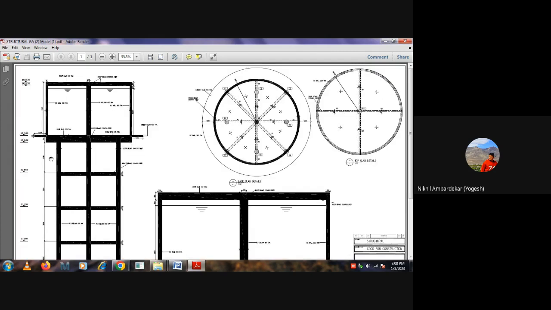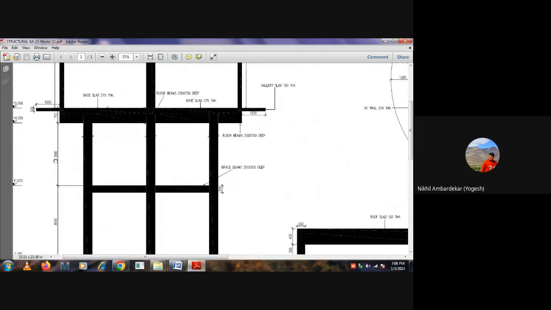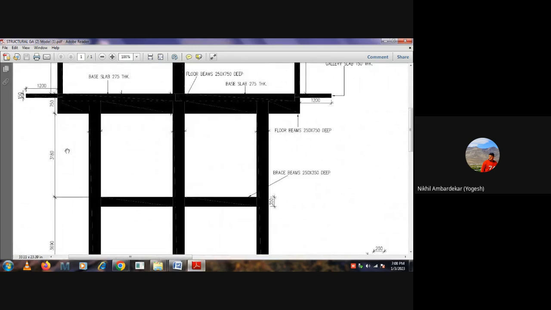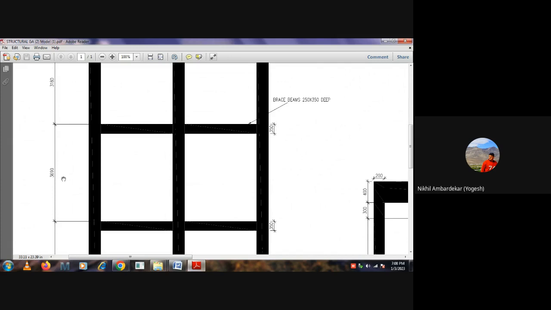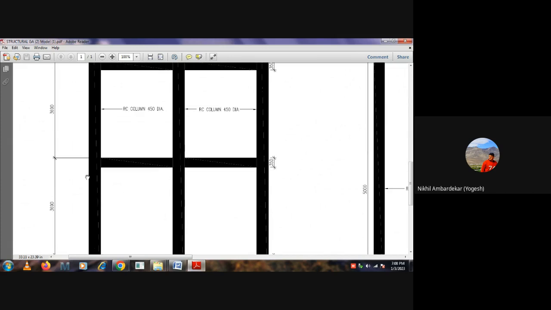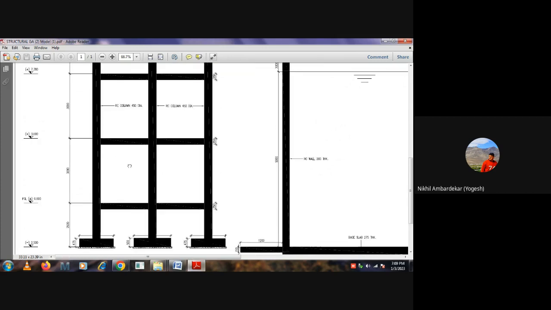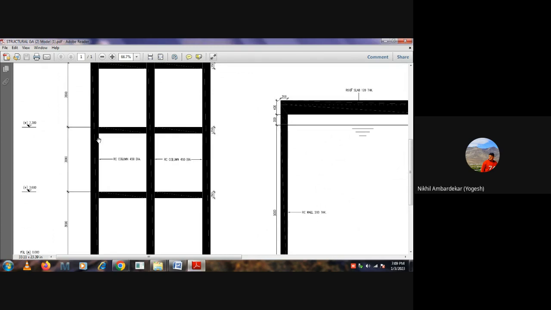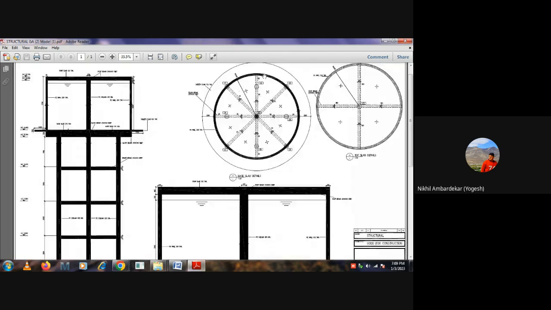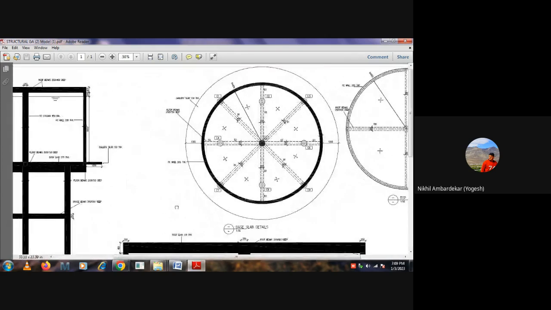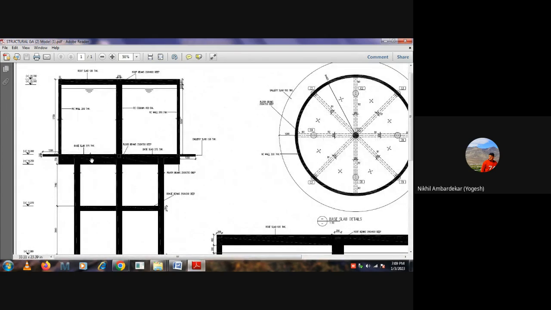If we see the section, you can see 3.18 by 3.18, 3.69, we have created some bracing beams for the columns. Now if I go to the plan at base slab at this level, can you follow my cursor?